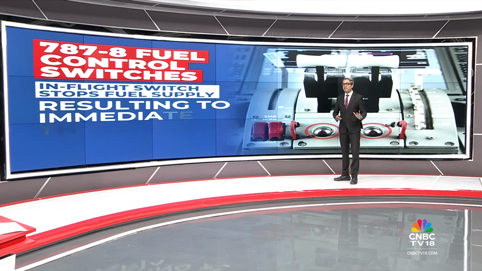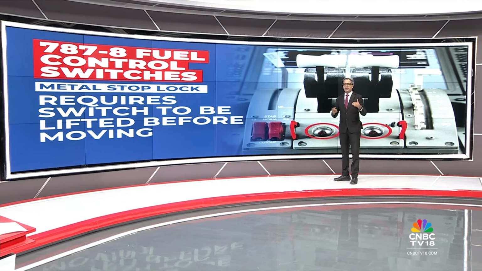Now, this is not an easy thing to do. It cannot be done electronically, it cannot be done remotely, it cannot be done by somebody from outside the cockpit. It has happened inside the cockpit because there is a metal stop lock. What you need to do is manually pull both the levers. It has to cross over that metal lock switch and then be placed either down or up.